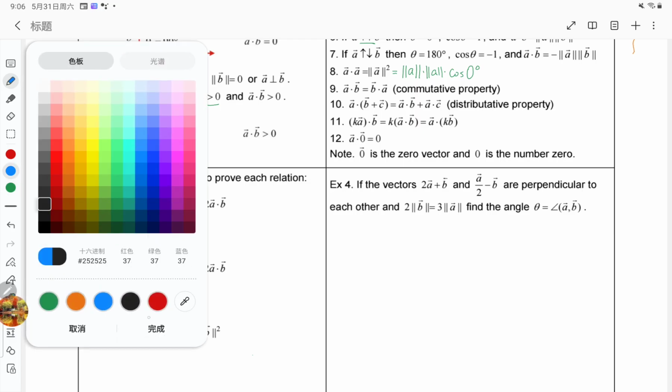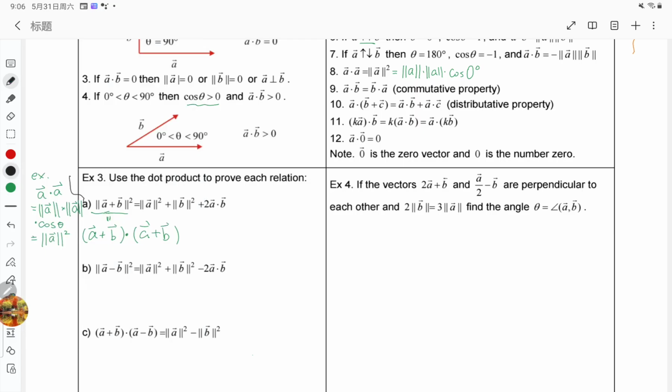So that's why we write it down like this. So norm a plus b square is a plus b inner product a plus b, right?